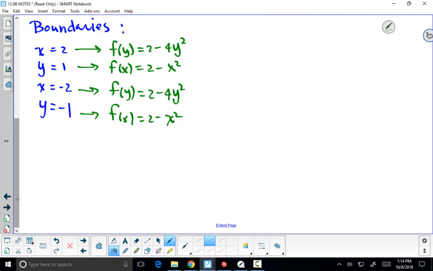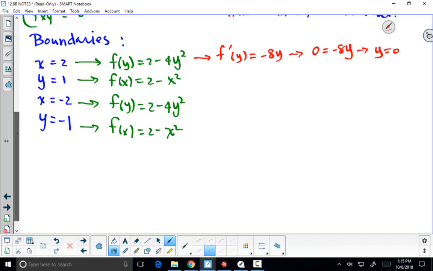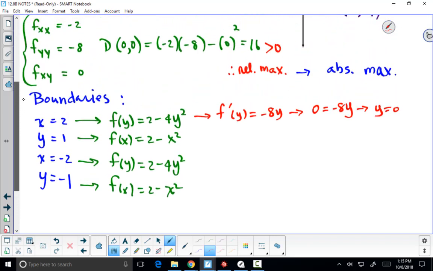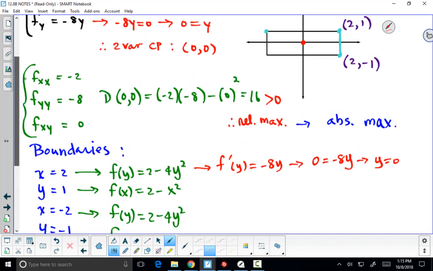So let's go ahead and do that now. So f prime of y is negative 8y. And we then set that equal to 0. And that tells us that y is equal to 0. So we go back up to our picture. And we're looking along the line x equals 2.